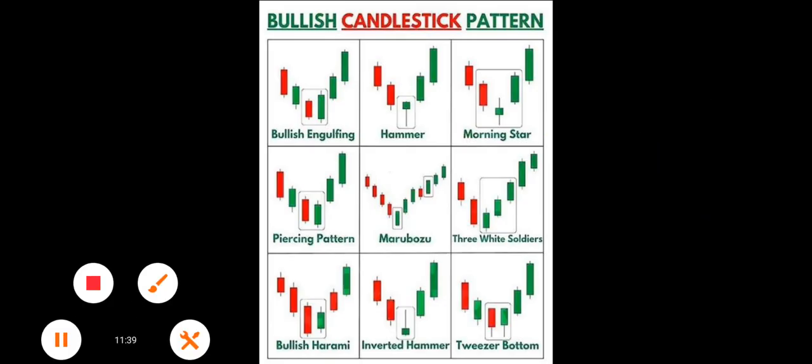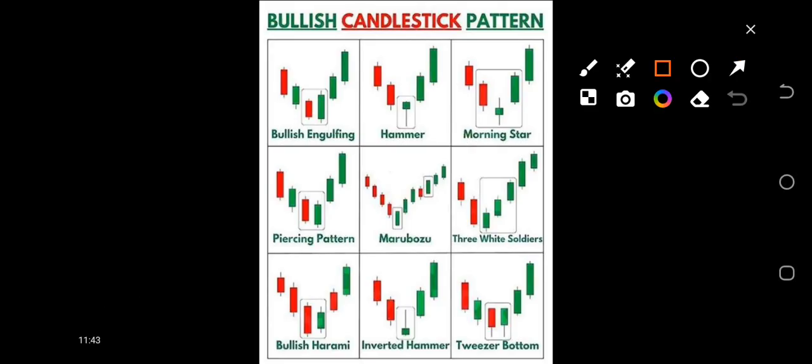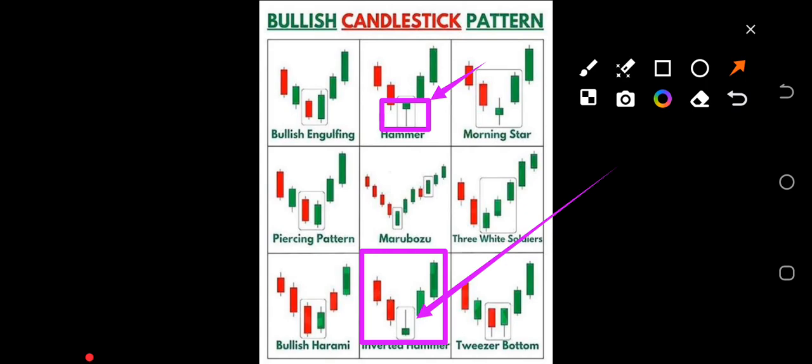we have the inverted hammer here. We have the inverted hammer, the opposite of the hammer. Okay, you can see they both appear in a downtrend, but this one is upside down, right? This is the same thing as this, same thing here. Okay, this is the same thing, but this one here is upside down.